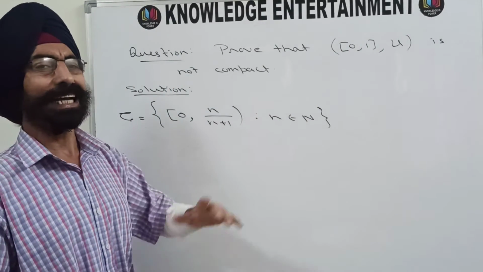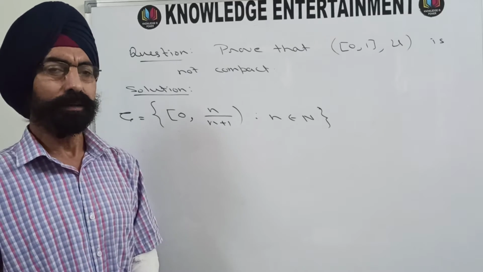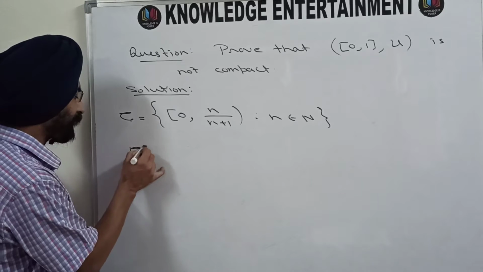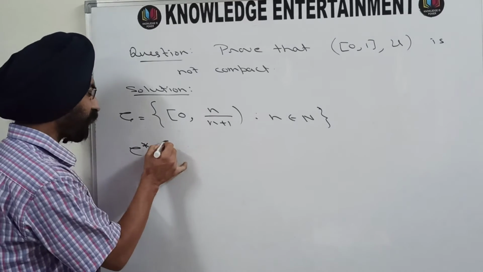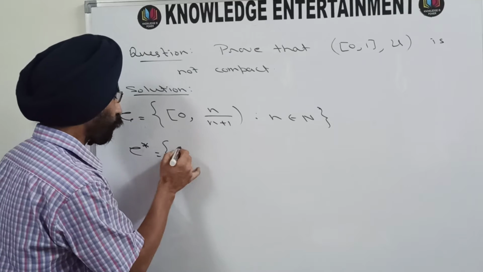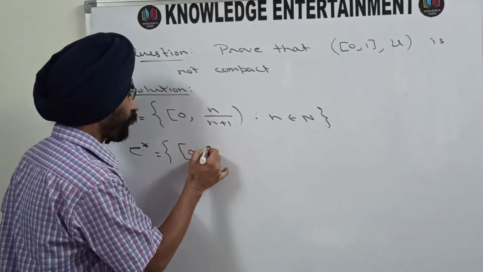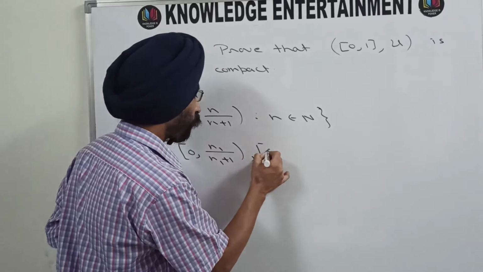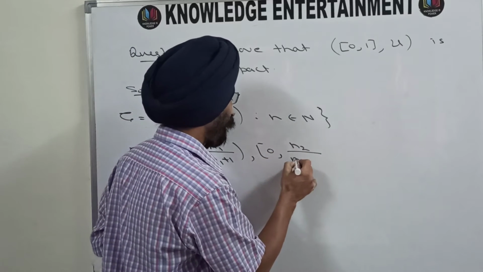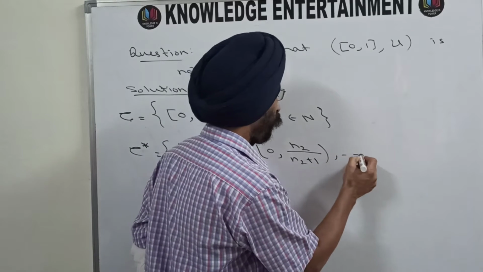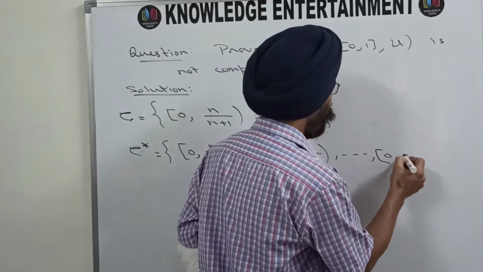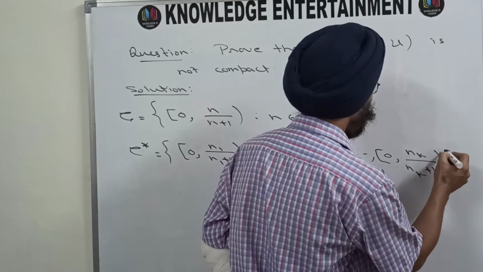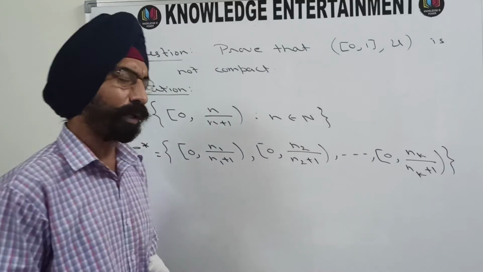But it has no finite subcover, because suppose a finite subcover C star is there. Since C star is finite, it will have a finite number of members. So suppose the finite number of members are [0, n1/(n1+1)), [0, n2/(n2+1)), and so on, [0, nk/(nk+1)).